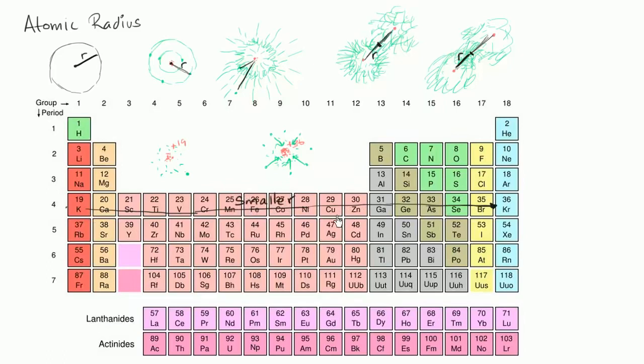And that's the reason why the element with the smallest atom is not hydrogen, it's helium. Helium is actually smaller than hydrogen, depending on what technique you use to measure it. And that's because if we take the simplest case, hydrogen, you have one proton in the nucleus, and then you have one electron in that 1s shell.